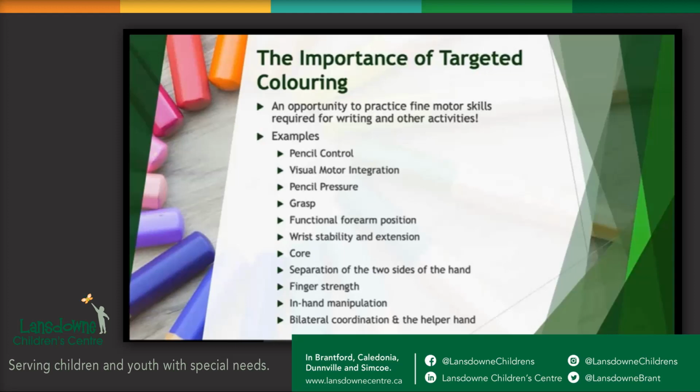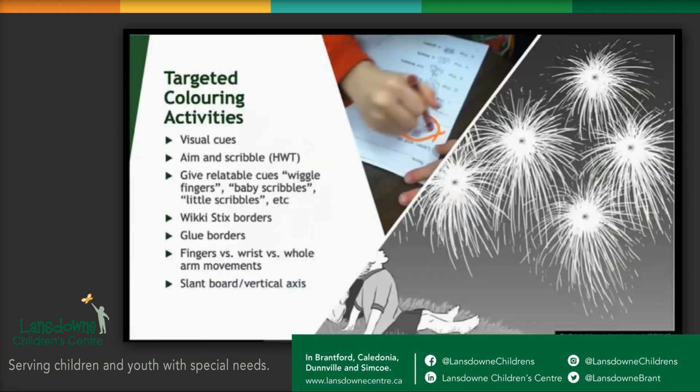Yeah, so some strategies and activities that we could use are those visual cues. So perhaps outlining where the border is first and then coloring it in is a good strategy. Aim and scribble is a technique from Handwriting Without Tears, and it's depicted here on the right, the big picture there. Giving relatable cues, so, use your wiggle fingers or baby scribbles and then big scribbles.